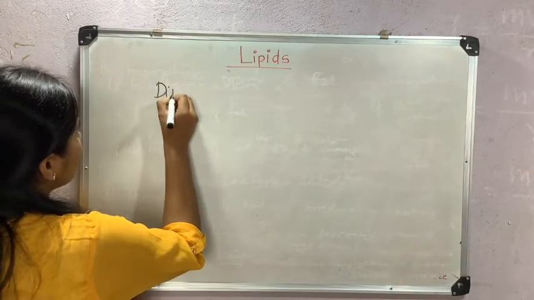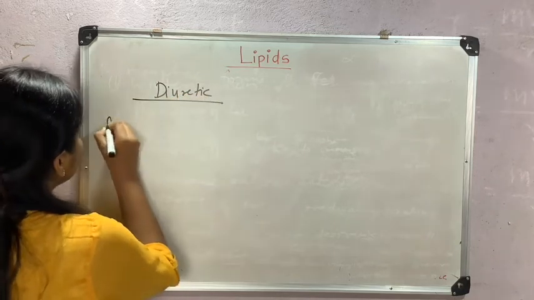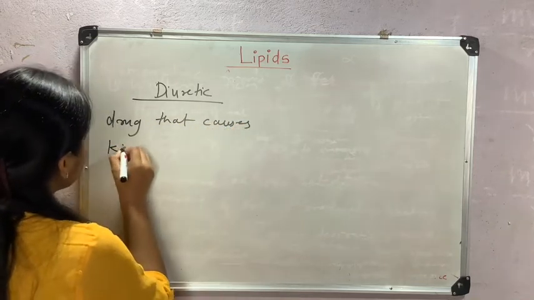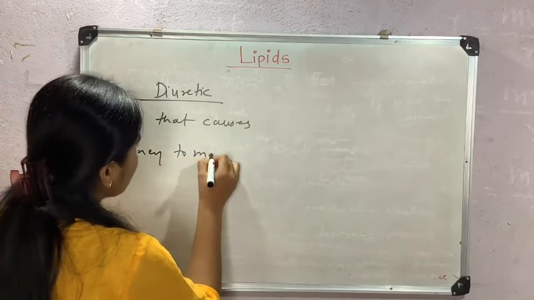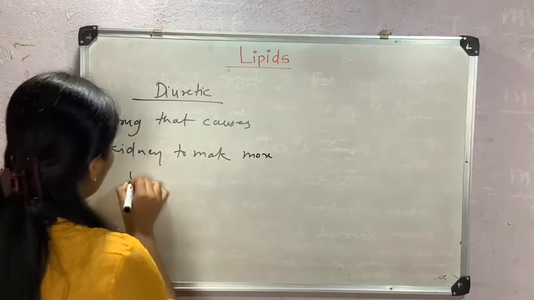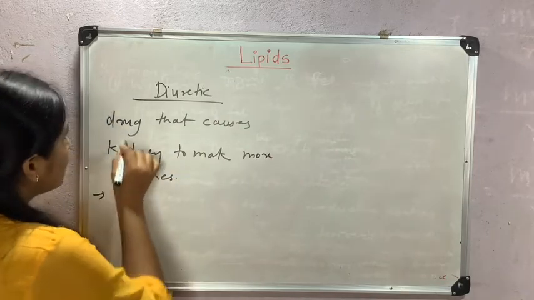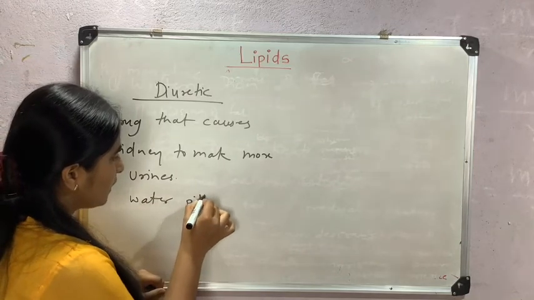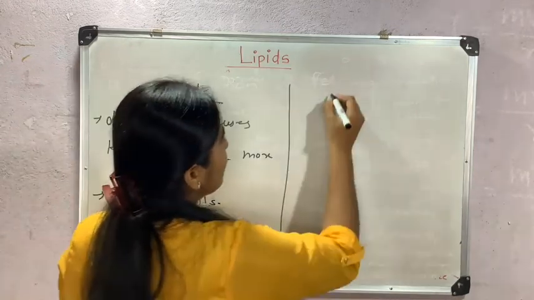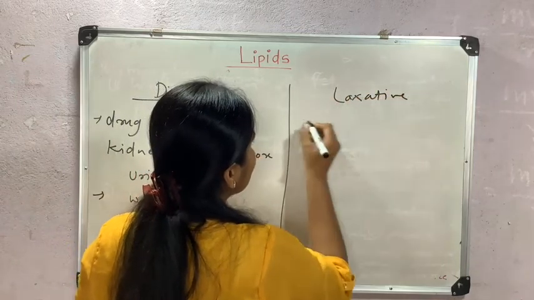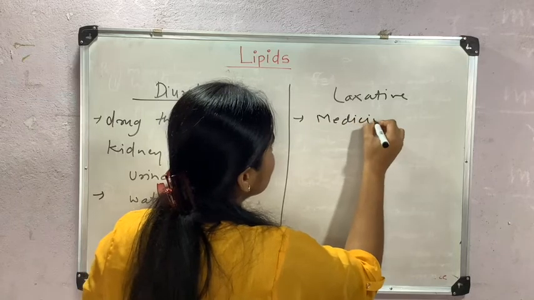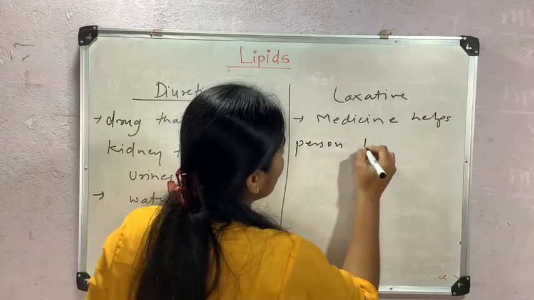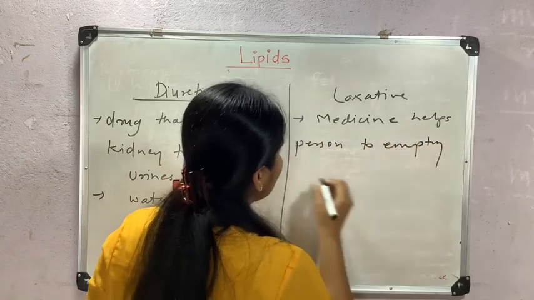This diuretic is a drug that causes the kidney to make more urine. This is also known as water pills. And a laxative is a medicine that helps a person to empty their bowel.